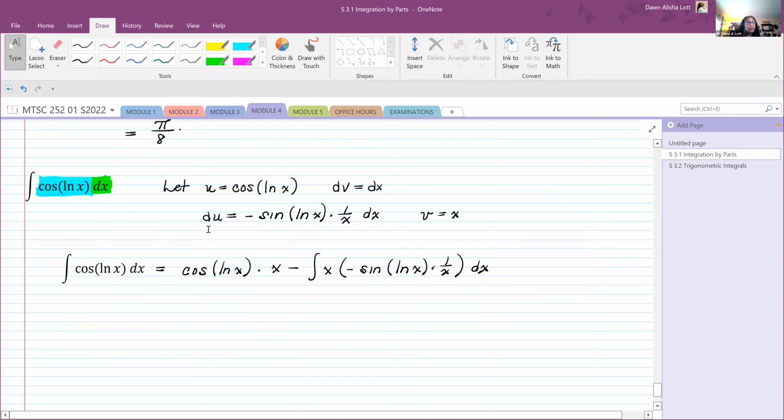So I get this integral is equal to the cosine of the natural log of x times x, minus minus makes plus, the integral. Notice that these x's divide out.